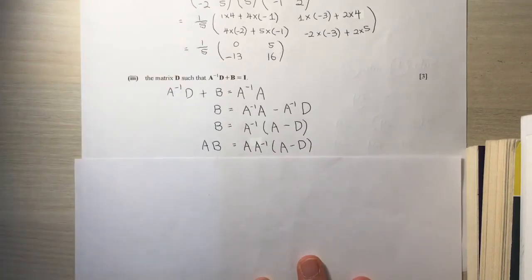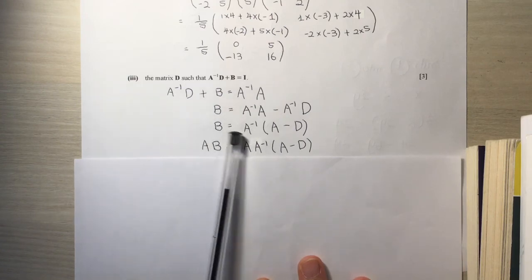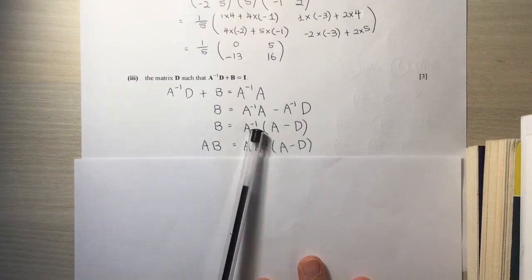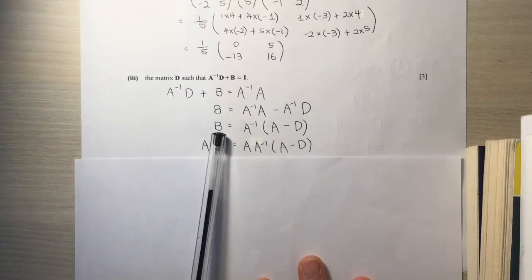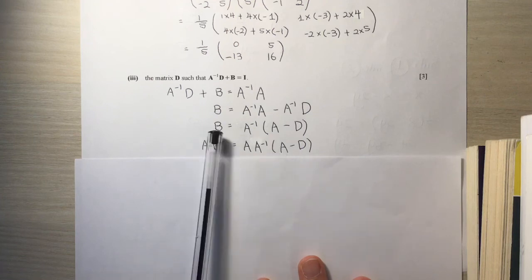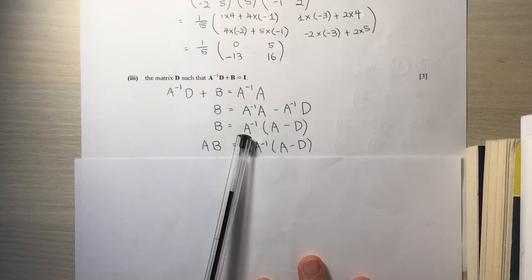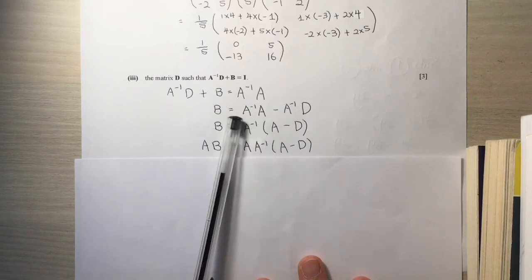But before we find D, we have to get rid of the inverse in front of here. Notice that this is matrix. This is not a normal numerical calculation. You cannot do it by B divided by A, the inverse. It doesn't work that way. But you can always multiply A, the inverse, with A to get rid of A, the inverse.